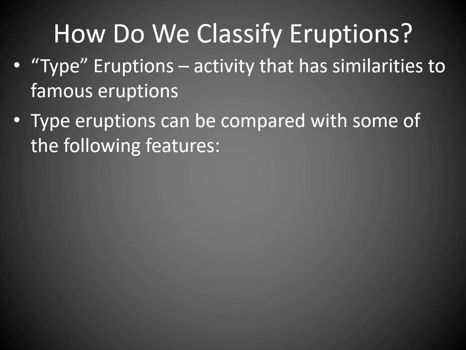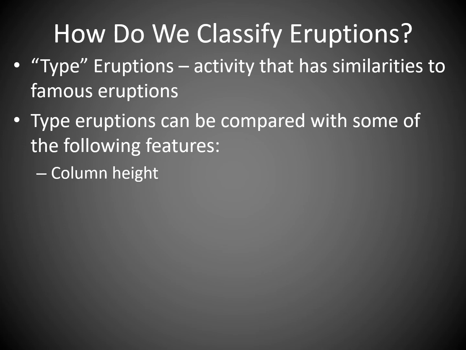Ultraplinian. Now, it's possible for Hawaii to have eruptions that aren't Hawaiian. Sometimes you get explosions in Hawaii, and some of them are Vulcanian in nature. So you can have Vulcanian eruptions in Hawaii. You can have Hawaiian eruptions at Mount Etna. It simply refers to a type of activity that's tied to a particular volcano or location.